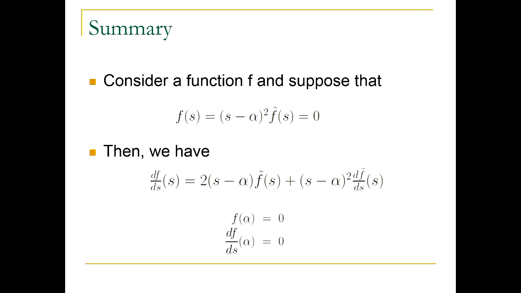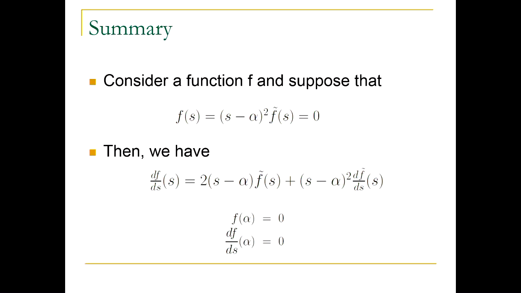So this is a way to pick out a condition that gives you multiple roots. Any alpha that solves f(s) equals 0 and the derivative of f with respect to s equal to 0 at the same time would be a root with multiplicity higher than 1.